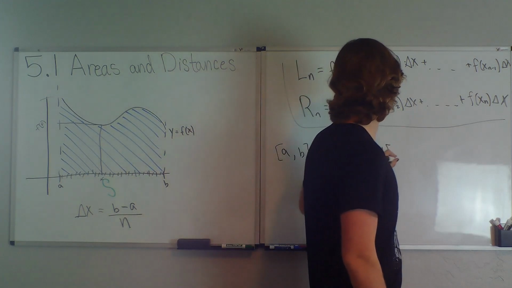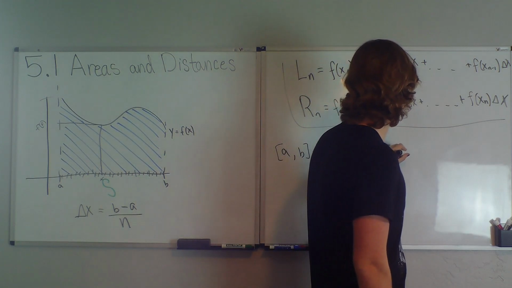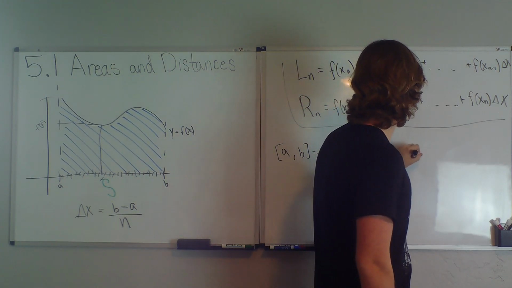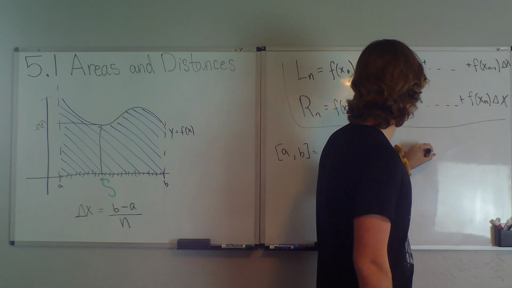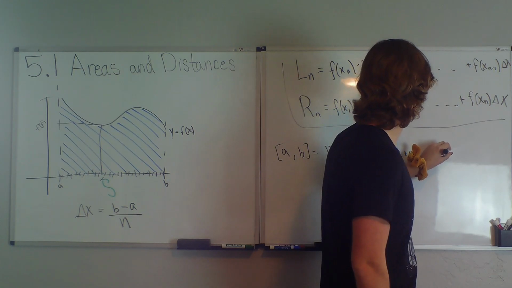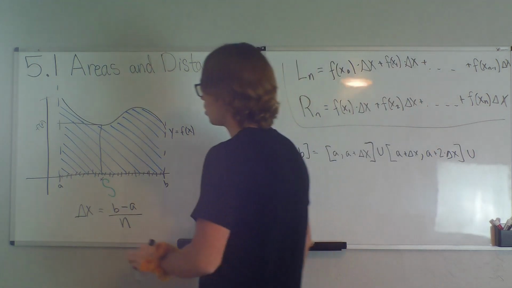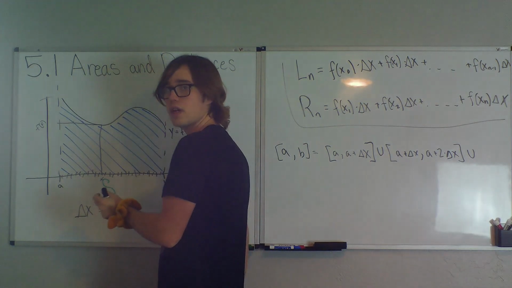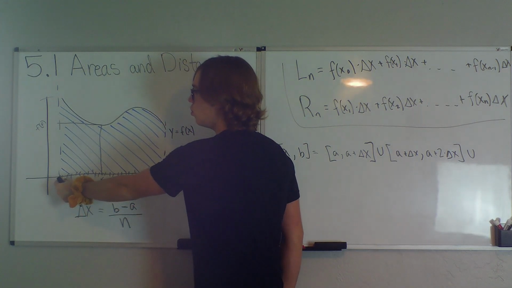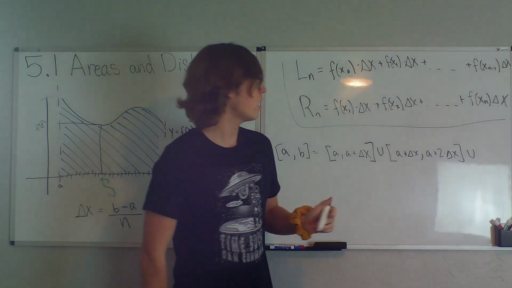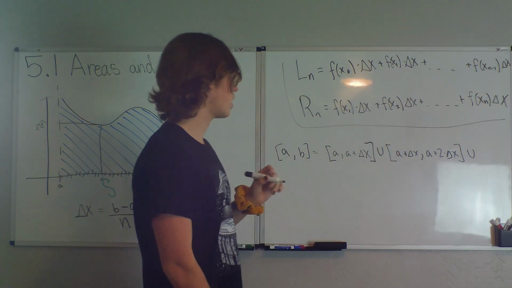So then, what's the second interval? Well, this is just going to be from a plus delta x to a plus 2 times delta x. You're like, 2 times delta x? Why is that? Because this is our second rectangle, we are moving 2 delta x's worth away from a. And we keep going with this, and you can see the trend.